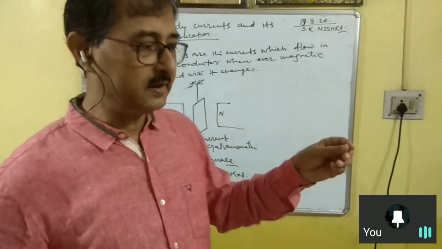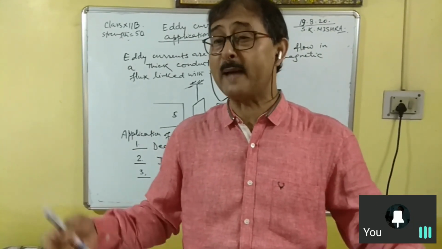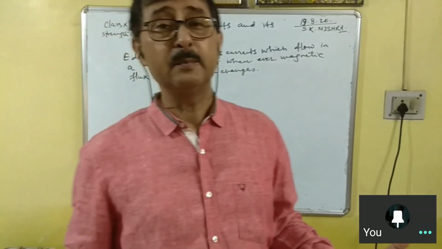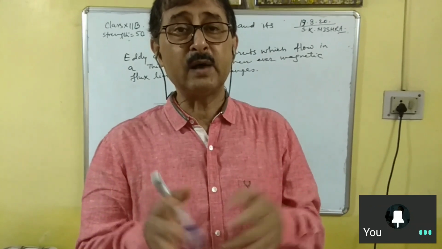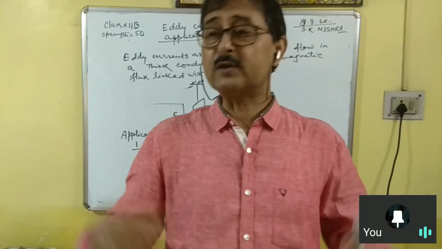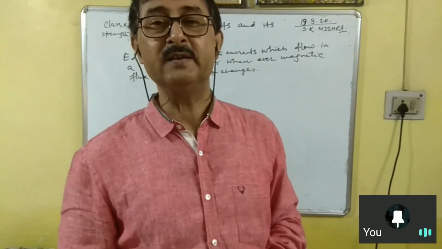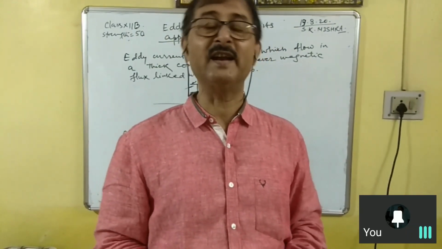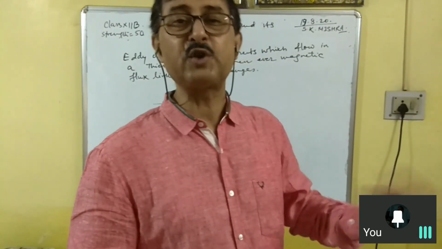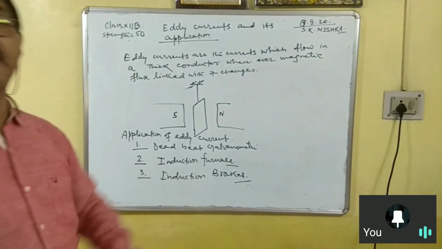The moment he switches it on, the electromagnet becomes active, and because of the high magnetic field provided by the electromagnet, the magnetic flux linked with the metallic wheels, which keep on rolling over the rail, changes, and so eddy current is produced in the wheel. Because of that eddy current it will oppose the reason. The reason is the movement or rolling of the wheel, so it will stop that rolling, and that's why it is used in induction brakes.